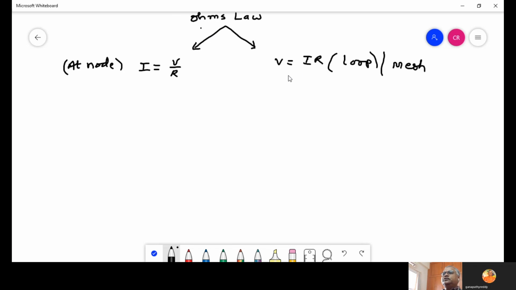This is as per voltage form, as per voltage law. This is as per current law. Current form, na? As per current law.